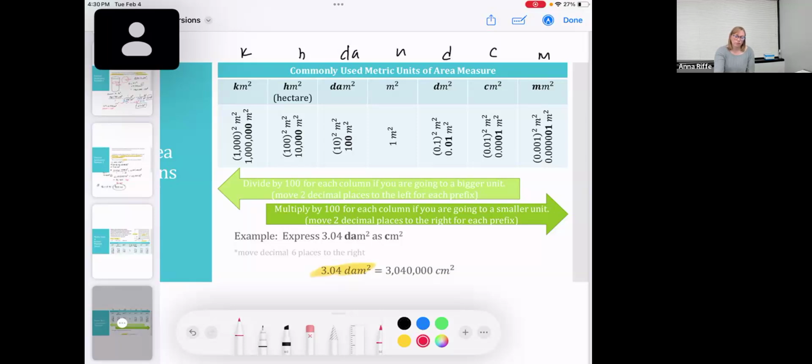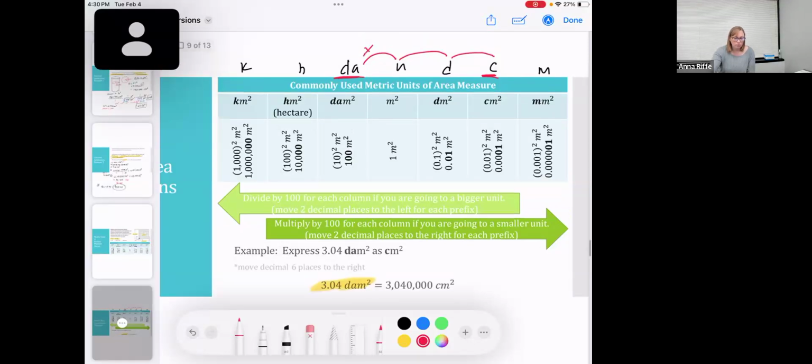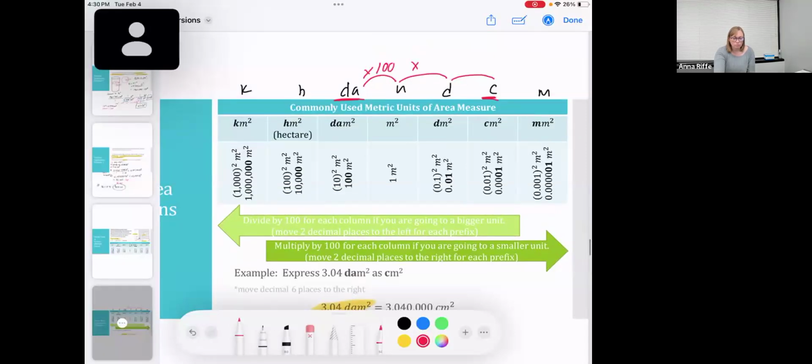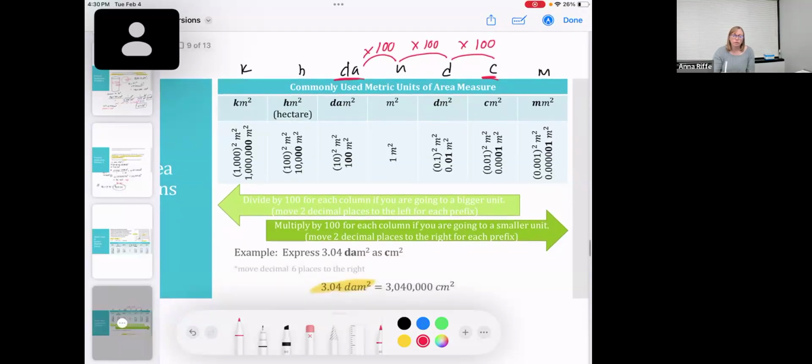I note that I'm starting with decameters and I'm going to centimeters. So I'm going 1, 2, 3 units to the right. But every time I do that, I am changing by a factor of 100, or 2 decimal places, times 100 times 100 times 100. So each prefix that I move, I'm going to move 2 decimal places instead of 1. That's what it boils down to.